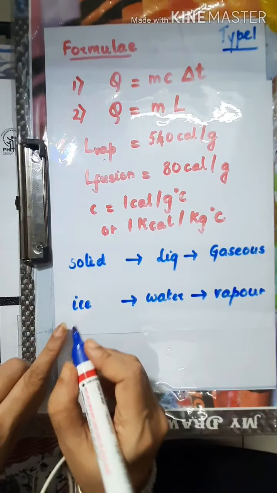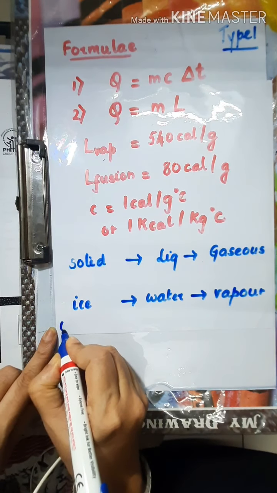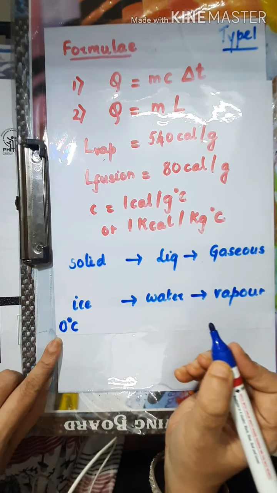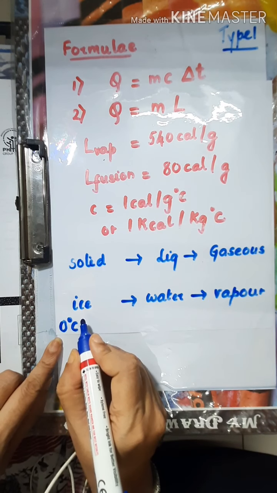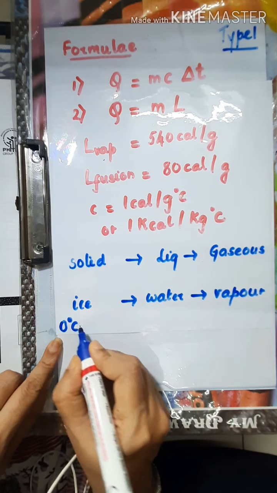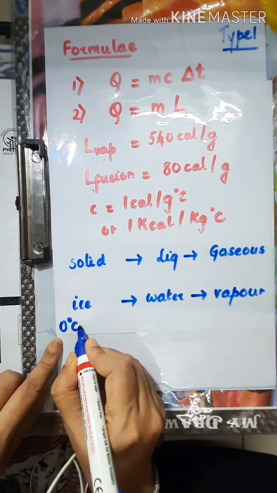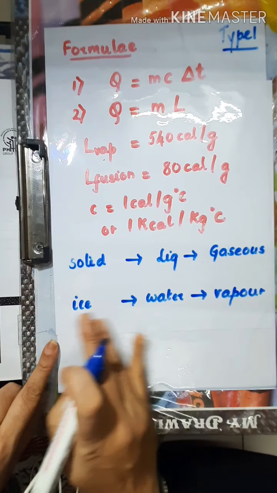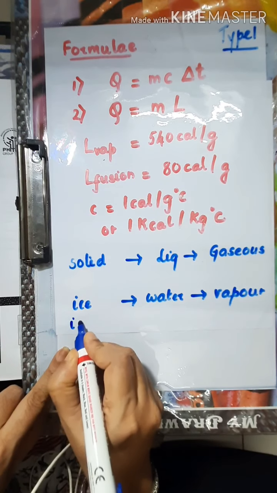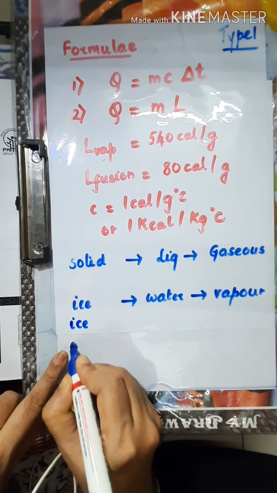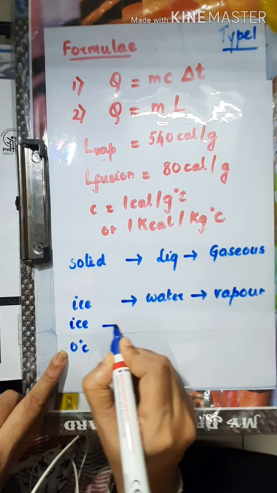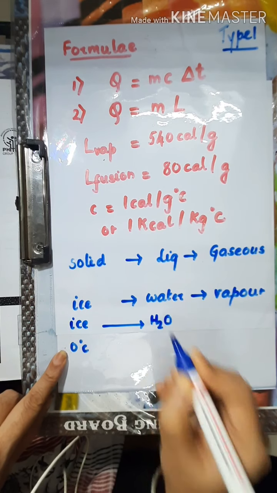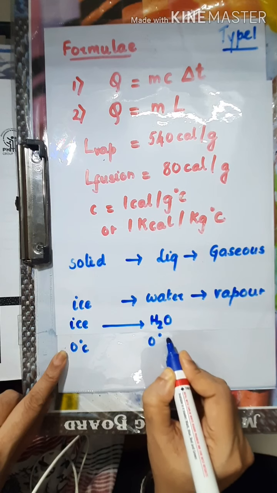Now, I have ice. My ice is at 0 degrees Celsius. I need to convert my ice, which is at 0 degrees Celsius, to water, and my water is at 0 degrees Celsius.